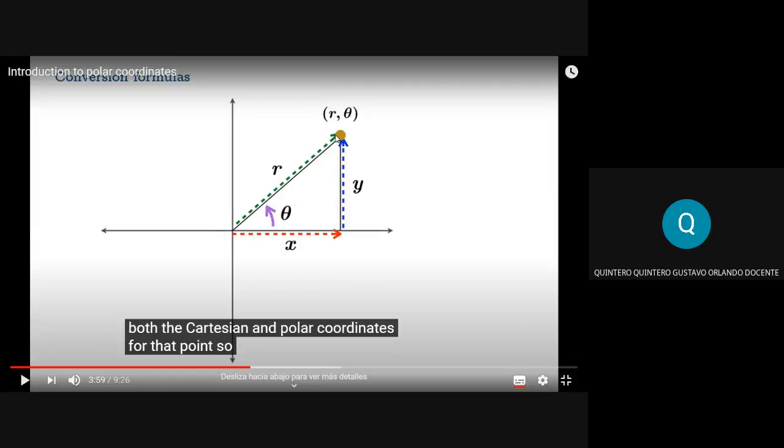So this point also has coordinates r, theta. In one drawing alone, we can show both coordinates for the same point. That's pretty cool. Let's continue.